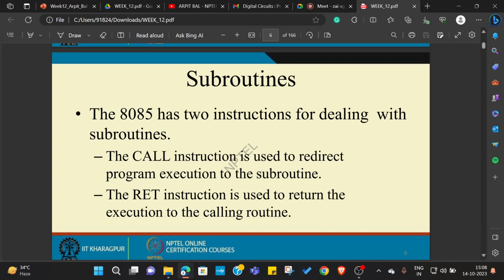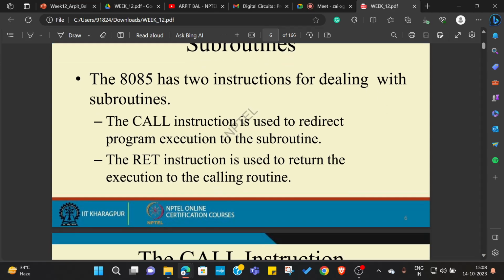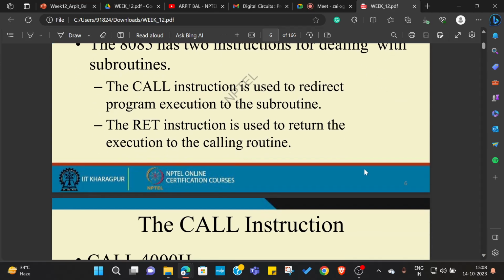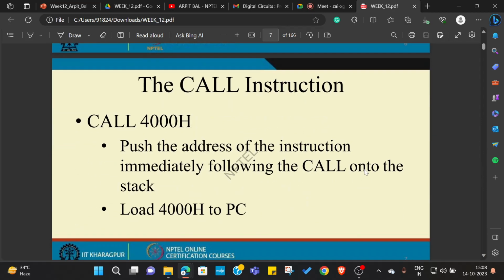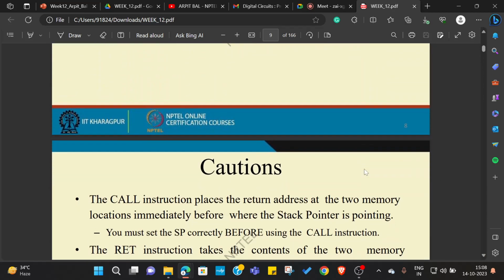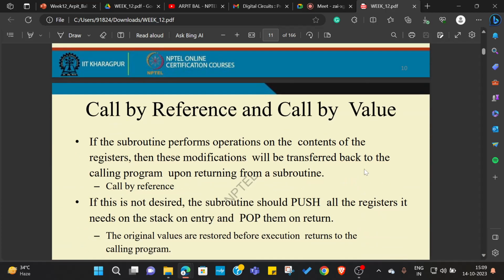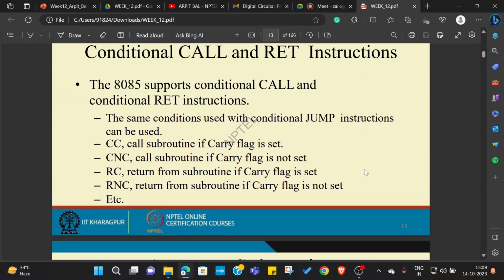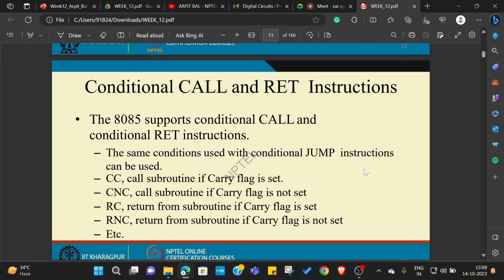The call instruction is used to send the program execution to the subroutine, and after that execution is completed, it has to return back to the next location. So the RET instruction is used in that case. Then comes the conditional call and return instructions.